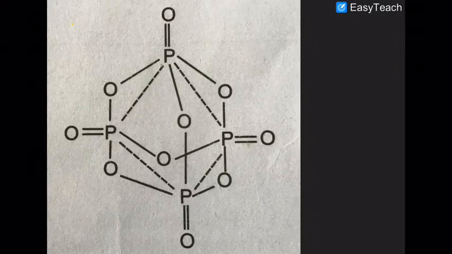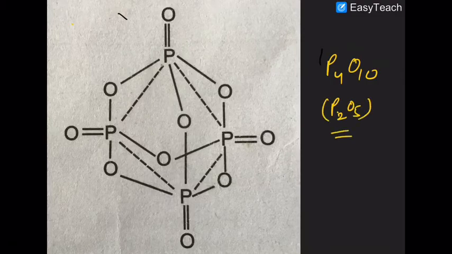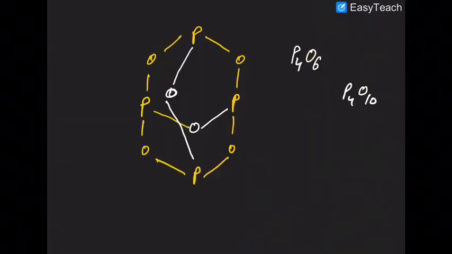This is the structure of P4O10, which is a dimer of P2O5. The structure is similar to that of P4O6. The real difference is that in the structure of P4O6, just draw one oxygen with double bond on all 4 phosphorus atoms.